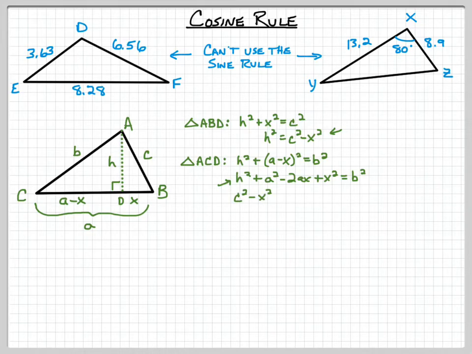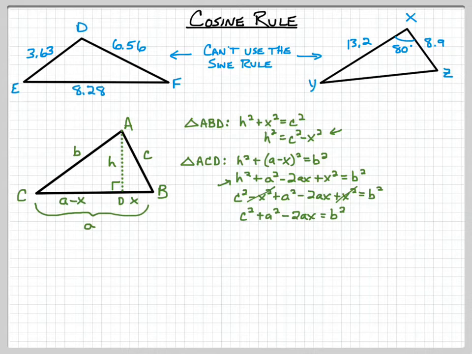So now we've got c squared minus x squared plus a squared minus 2ax plus x squared equals b squared. As we simplify, our x squareds cancel out, and we've got c squared plus a squared minus 2ax equals b squared.